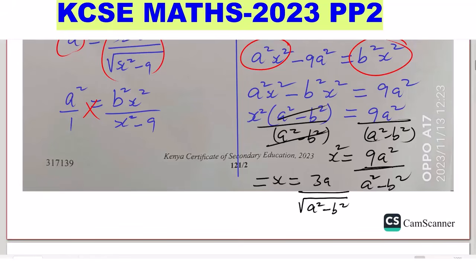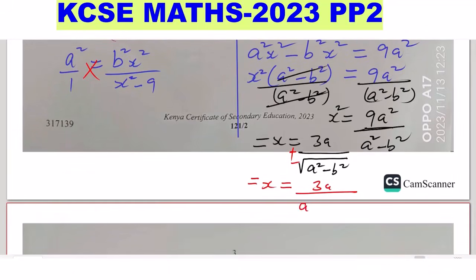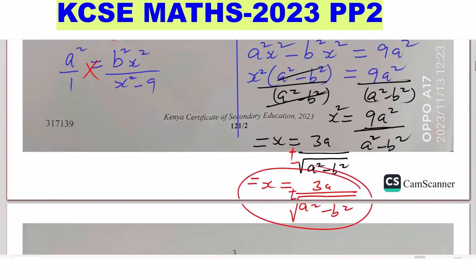Don't forget, when you're getting the square root, you get either positive or negative. So therefore, x is equals to 3a divided by the square root of a squared minus b squared, and this one should be positive or negative.